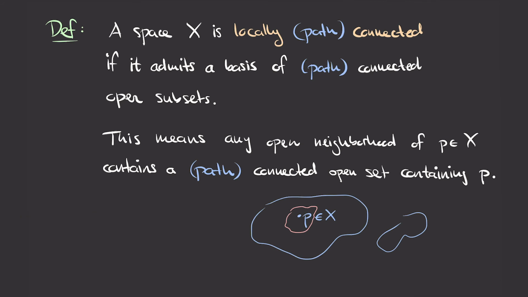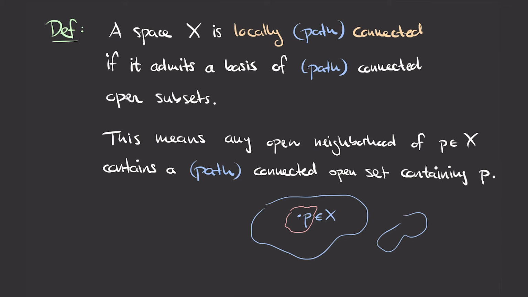And the same thing goes for local path connectedness. So being locally path connected means that regardless of what point in your space you choose and what neighborhood you choose around that point, you can find a path connected open set containing that point that is also contained within the neighborhood you chose. As you can see, this definition is a bit technical, and it's maybe not the most important definition that you need to memorize.